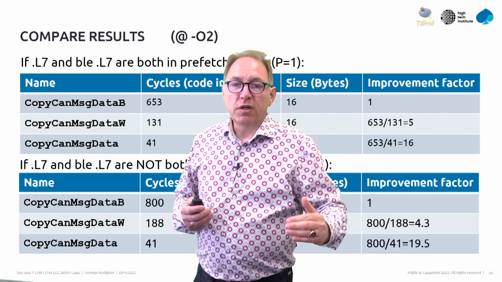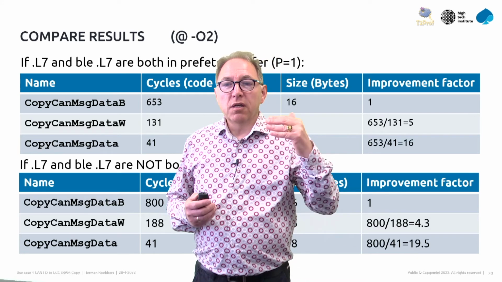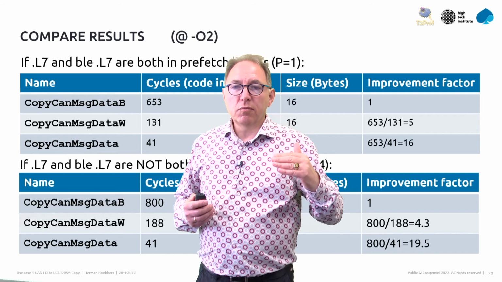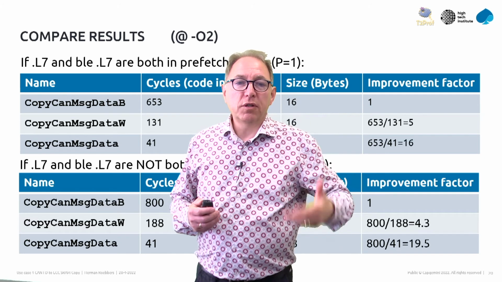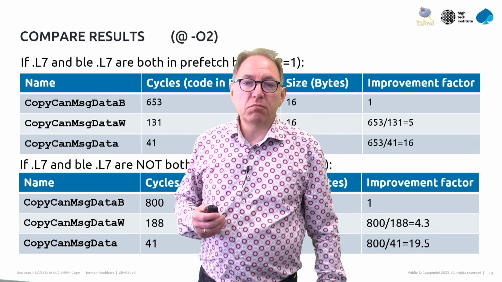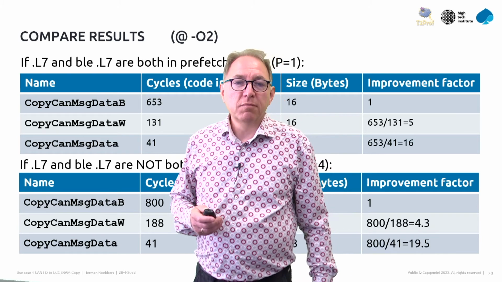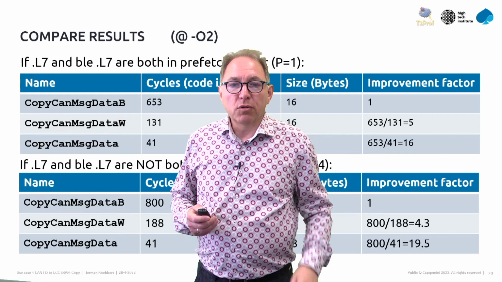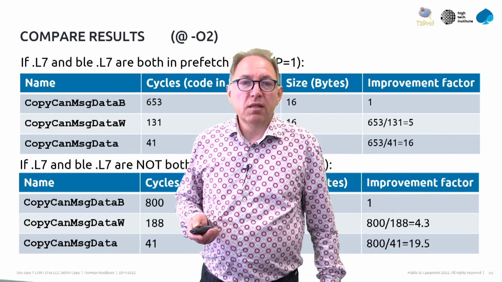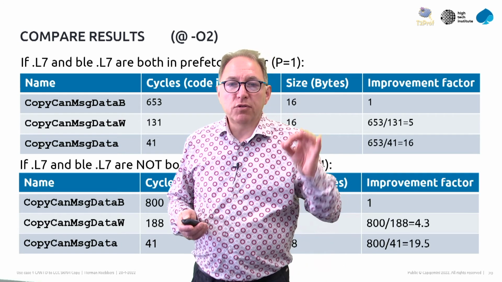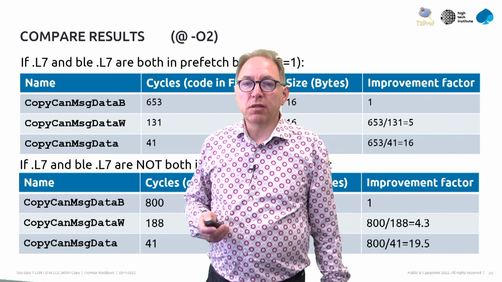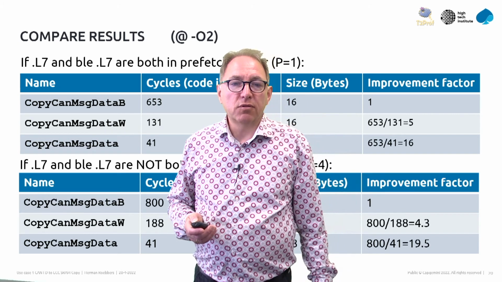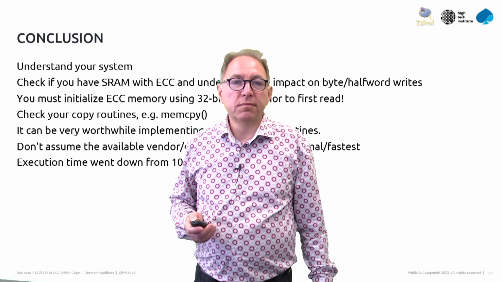So as soon as you have to read again, when the loop is not completely in this buffer, then you get this extra 4 cycle hit. And then it takes a lot longer. So the idea is that if you have a very short loop or pure sequential code, then this mechanism helps, as long as you don't loop.